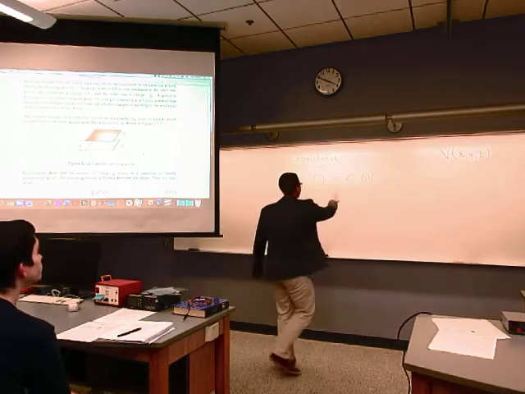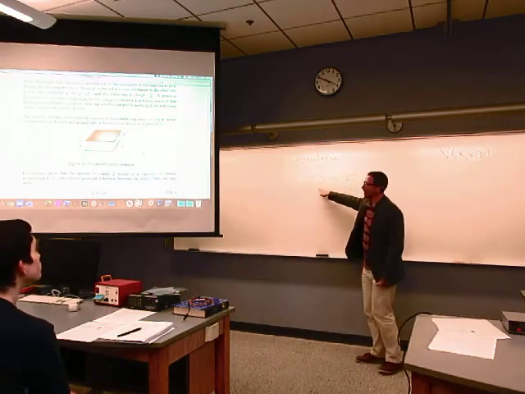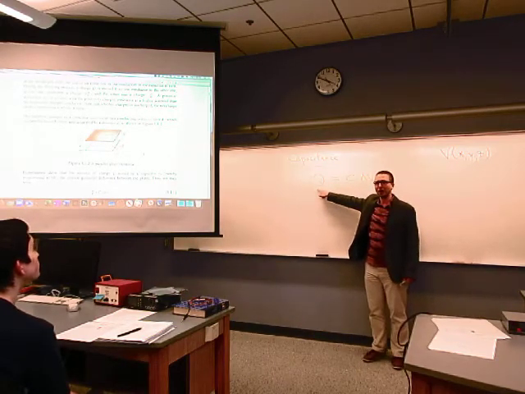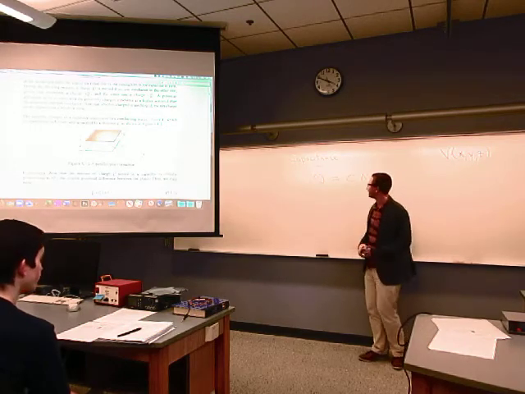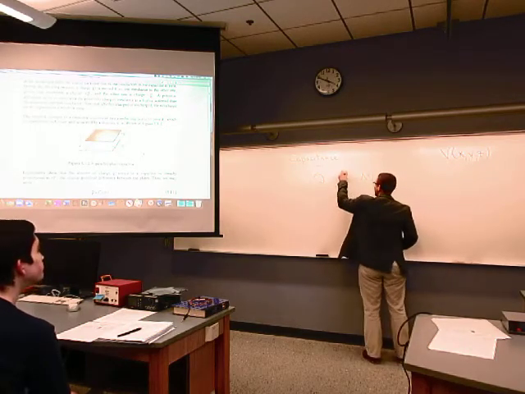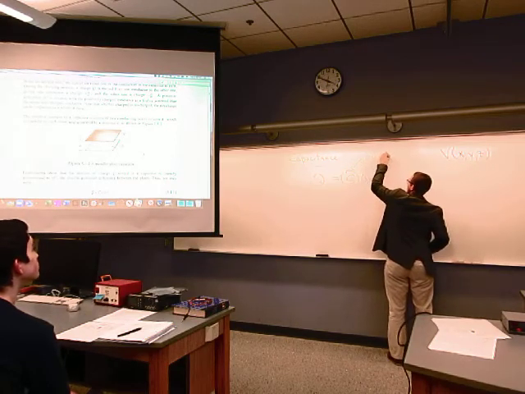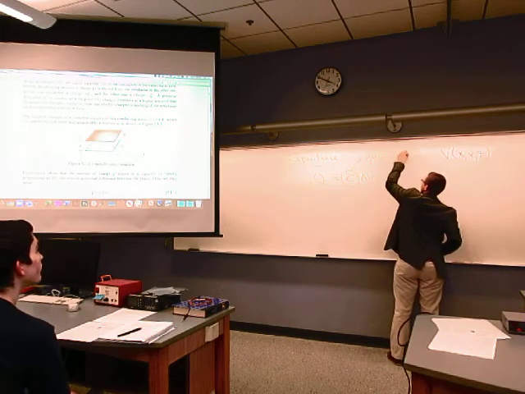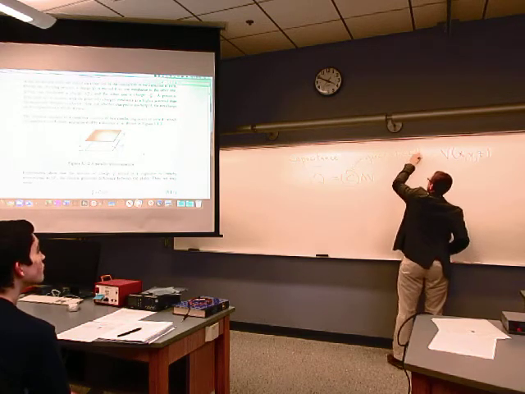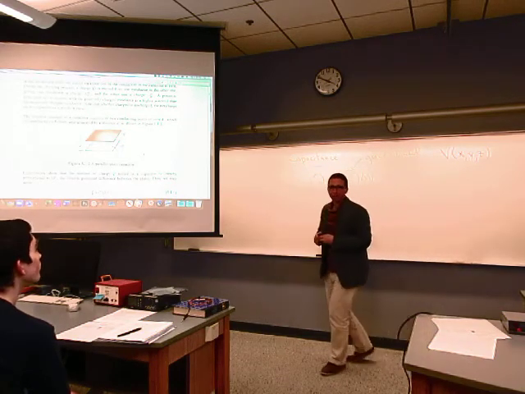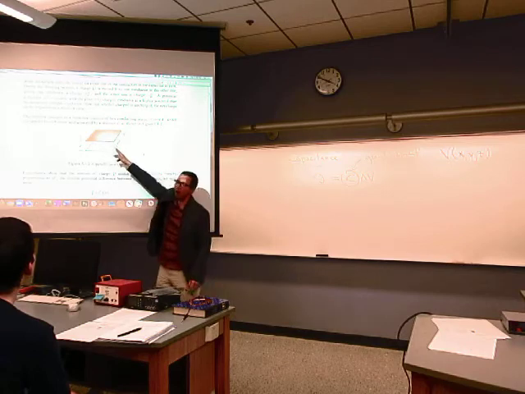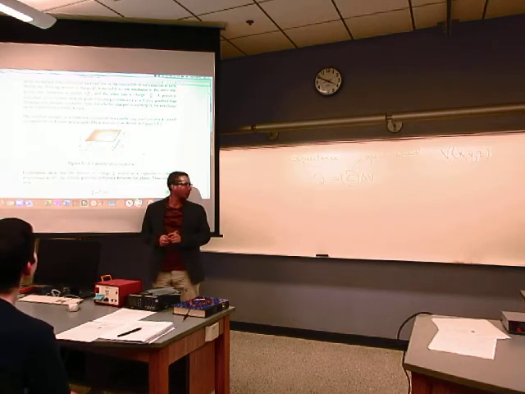So if you have a really large C, you can have a lot of charge Q on your capacitor. That's the idea. Now this C value is geometry dependent. It depends on the shape of the capacitor, and on how far apart the plates are from each other.